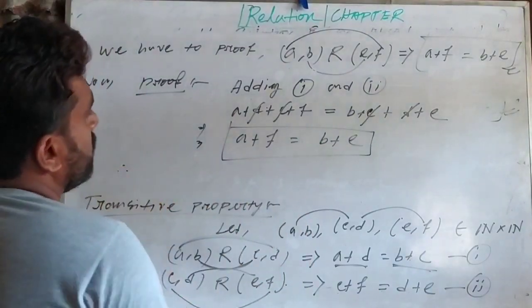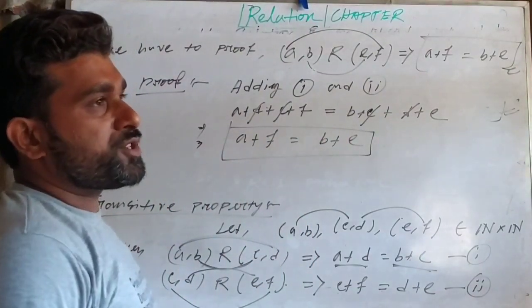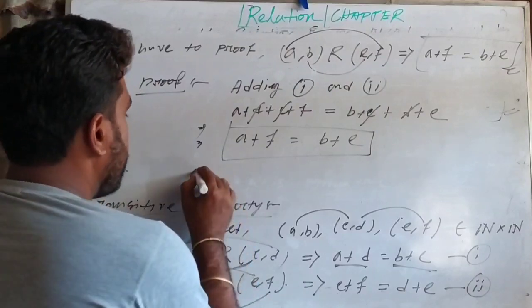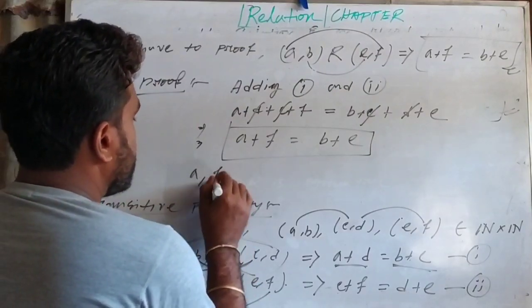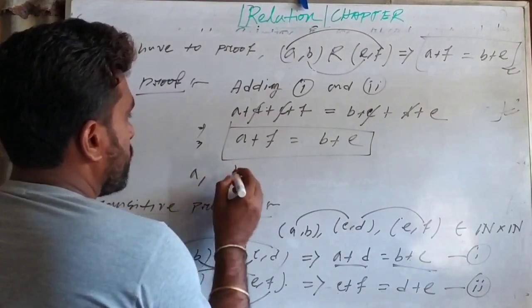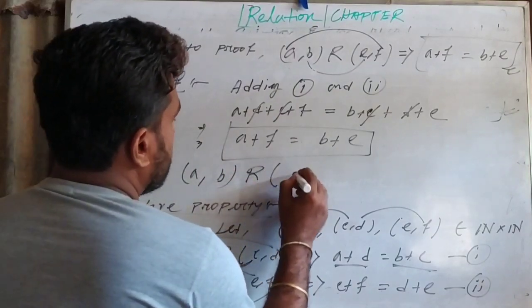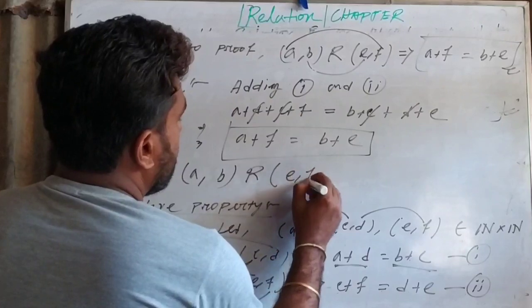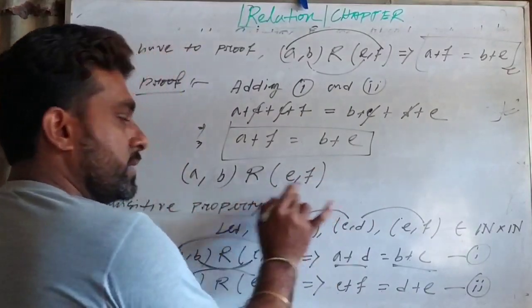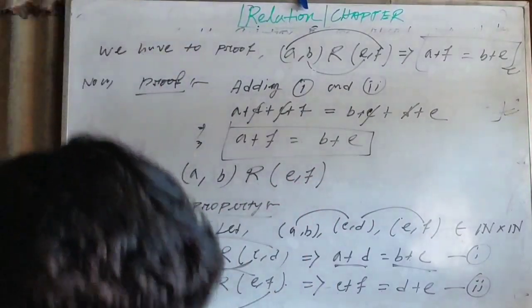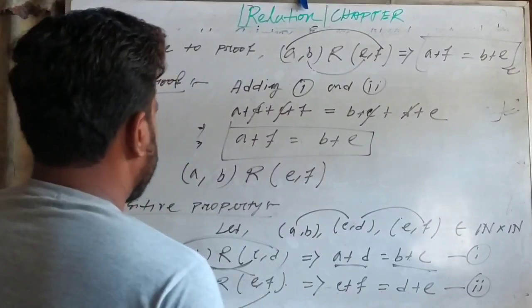So a new relation can be constructed between this order pair A, B and the order pair E, F. This new relation is being constructed here.